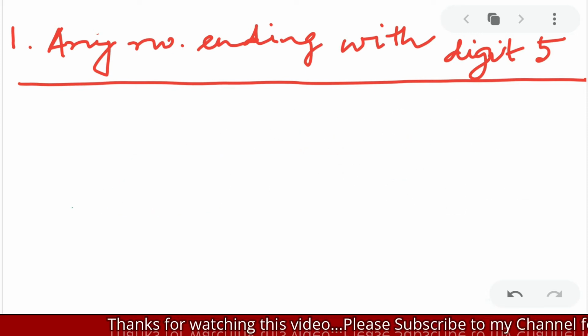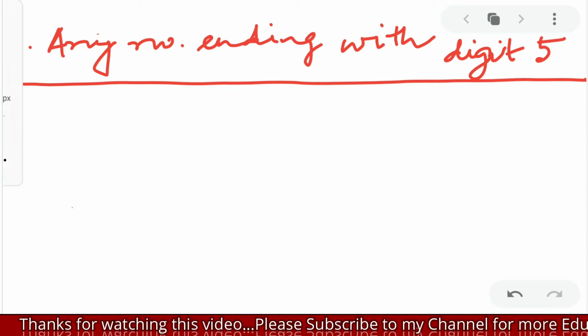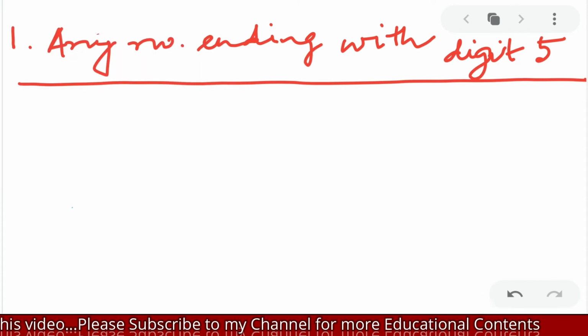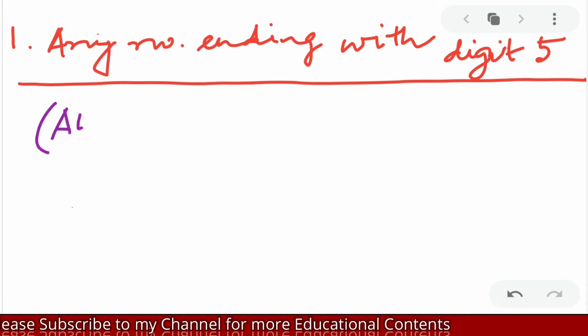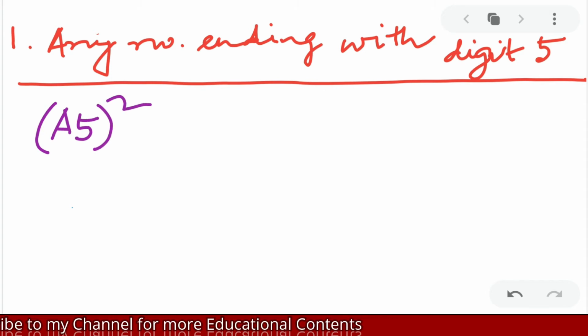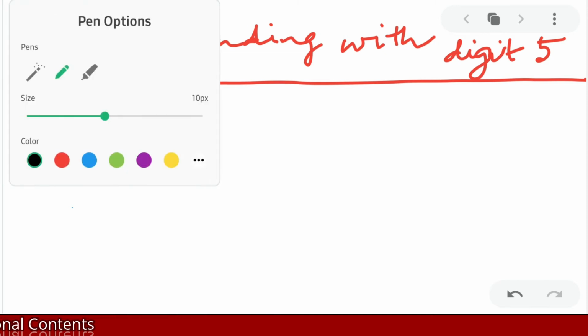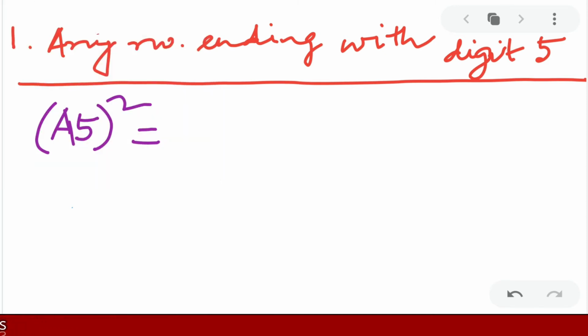Let us take a generalized form. The first digit will be a and the last digit is 5. Now what will be the value of the square of this number?